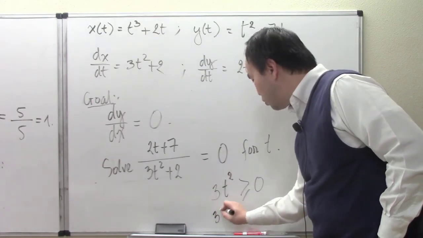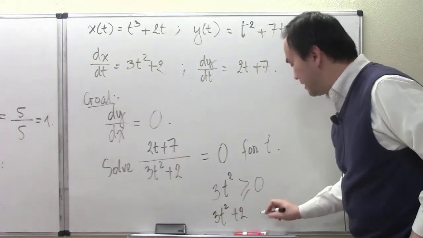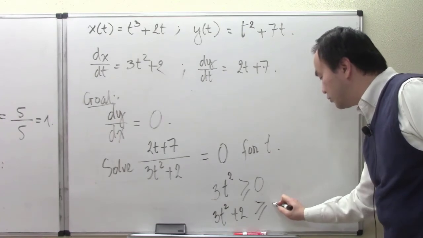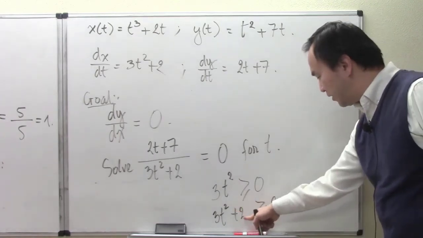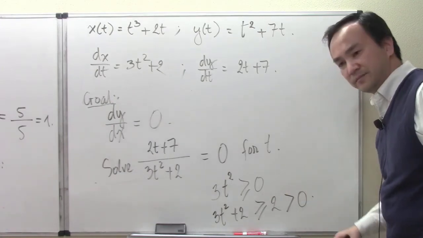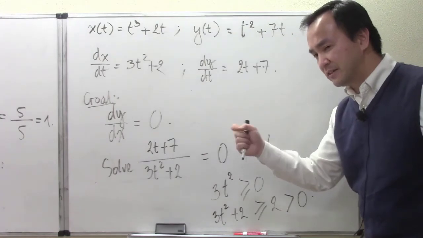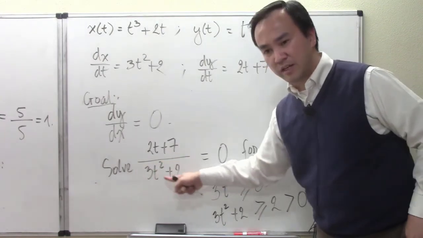But 3t squared plus 2, which is our denominator, must be greater than or equal to 2. That means the quantity in the denominator has to be positive, and it cannot be equal to 0.